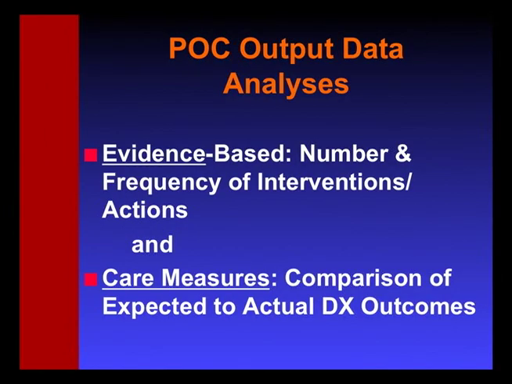To determine the evidence-based practice, it can be based on the number and frequency of nursing intervention actions for each nursing diagnosis provided during the inpatient stay. For care measures, they are based on the comparison of the 3 actual outcomes to the 3 expected outcomes for the 3 nursing diagnoses.